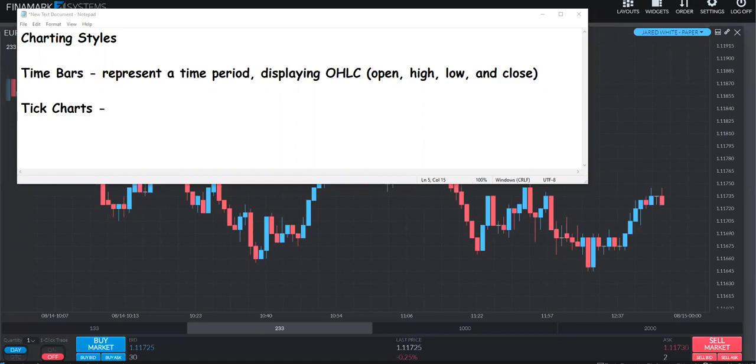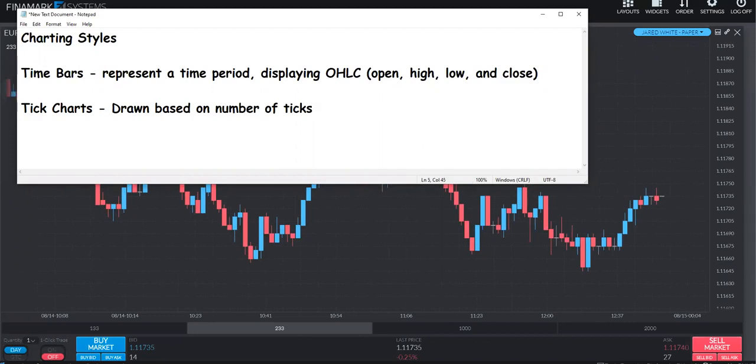And the reason that this is beneficial to us, and I'll just actually write that down. I wrote set by the trader there, guys, drawn based on a number of ticks.